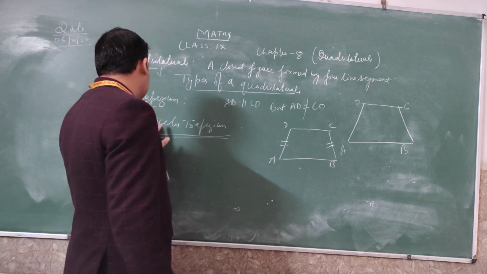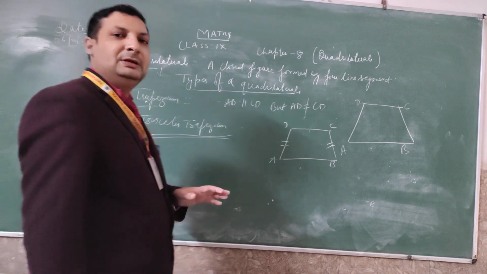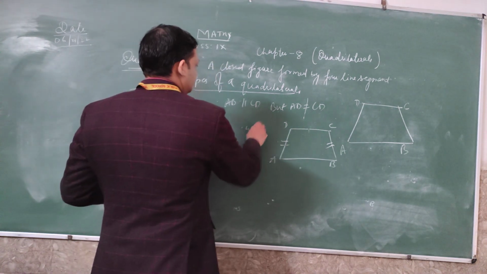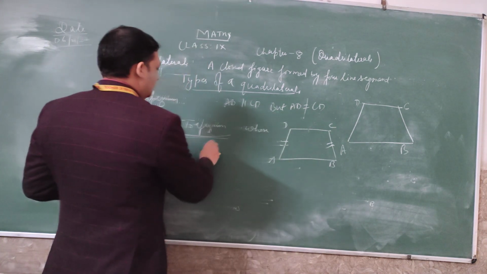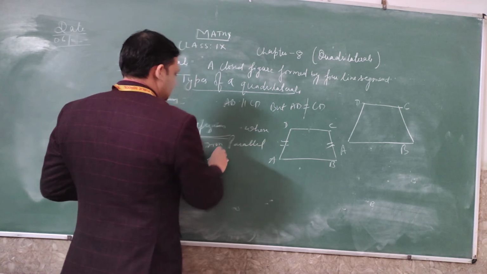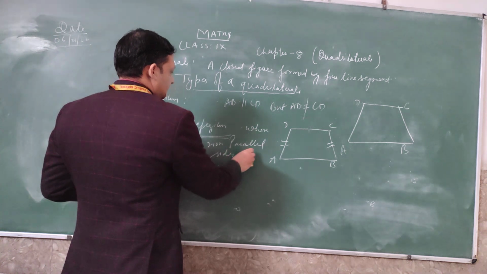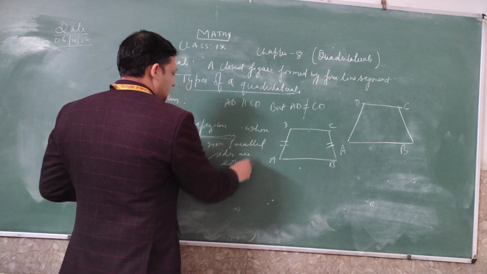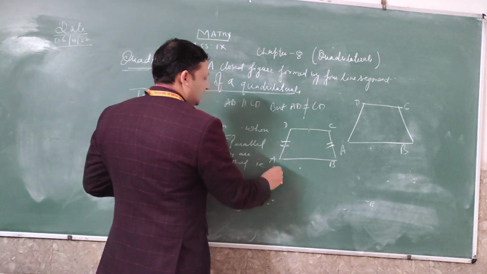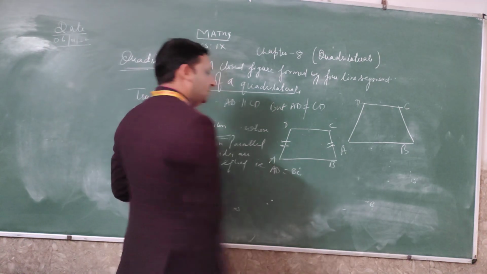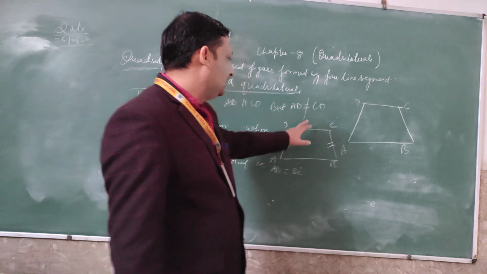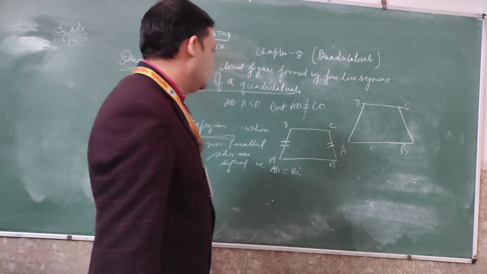The isosceles trapezium is that trapezium whose non-parallel sides are equal. Means this side, that is AD equal to BC. This will be equal to this, and it will remain parallel. AB parallel to CD.